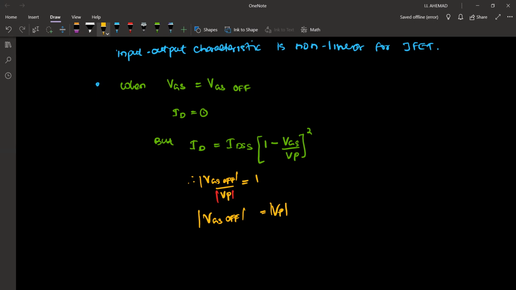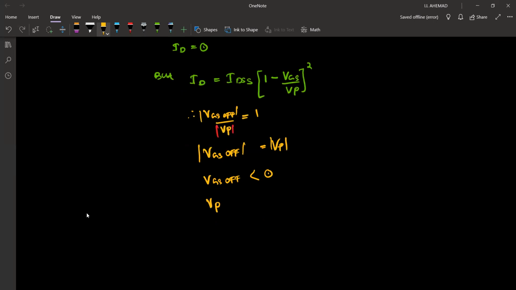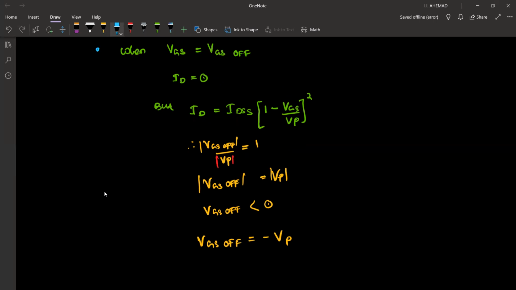But we know that VGS off is less than 0, which means it's a negative value. So VP is equal to the negative of VGS off, or VGS off is equal to the negative of VP. VGS is anyhow negative, right? So VP is positive. If you want to have VGS negative, then we will have to multiply it by a negative in front. Here we only apply the value, not the sign.